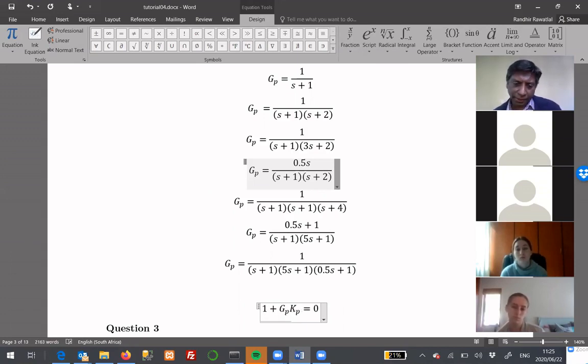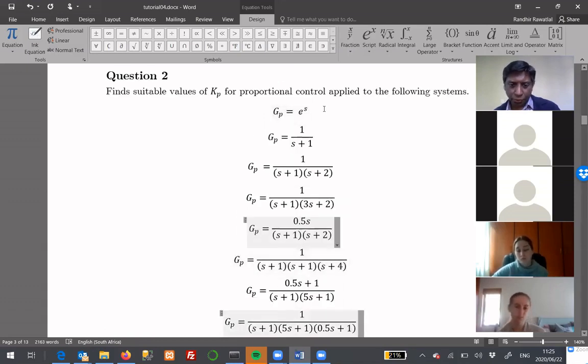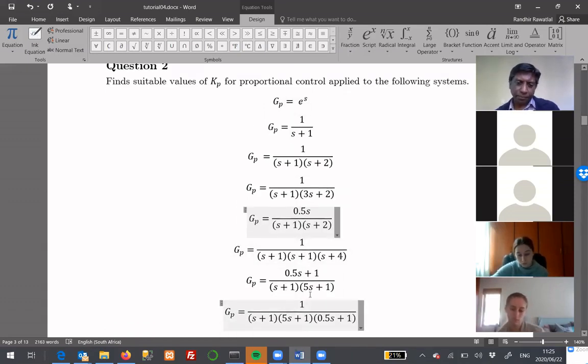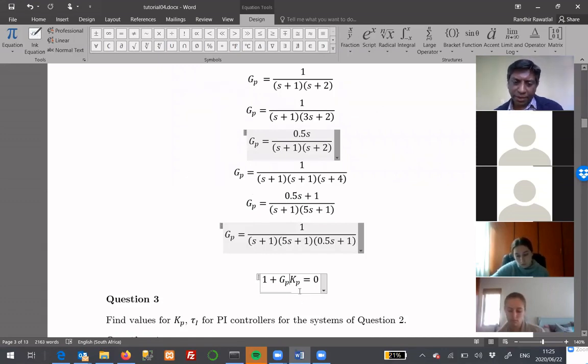the proportional controller is constant, and then GP depends on the process. So in question 2, all these examples are given. So we need to find the values of S that give us these roots. And we want to also specify the values of Kp that give us nice values of S, right? It's true that we can always find S as the roots, but we don't want S to be any value.